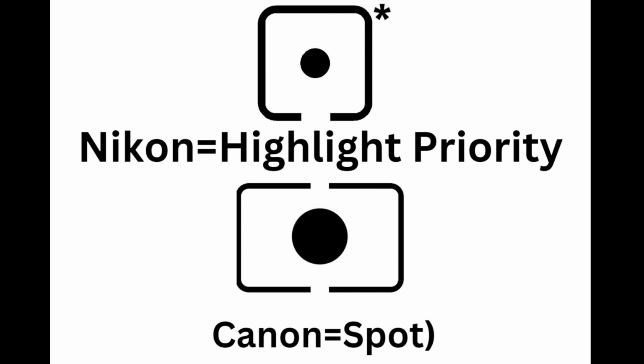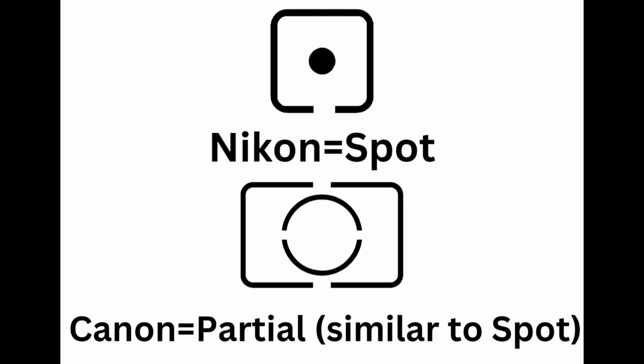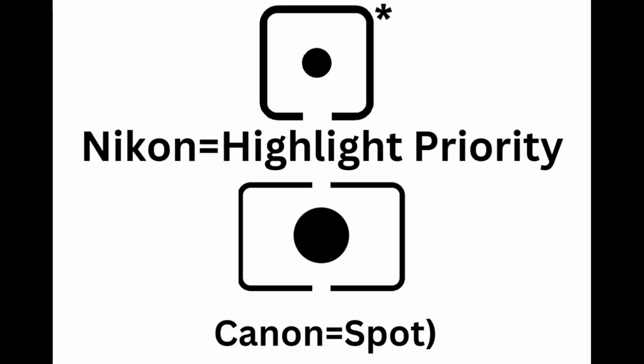I just mentioned matrix or evaluative, but the spot on a Nikon is also similar to partial metering on Canon, where on Canon it covers a little bit more of an area than the actual spot on a Nikon. But Nikon have also got one called highlight priority, which I'll get into a little bit later.